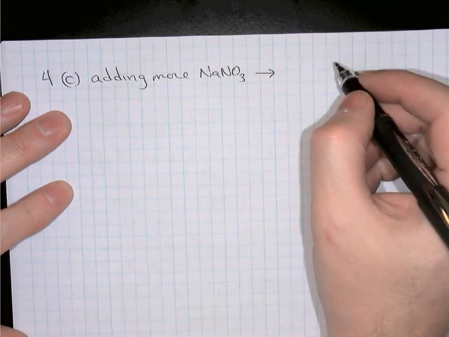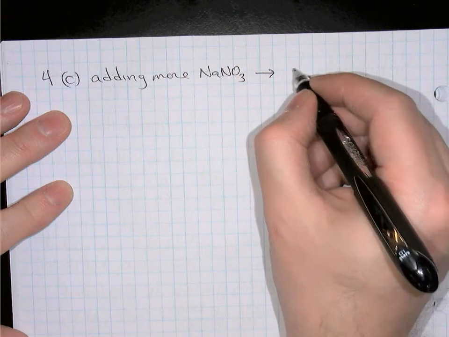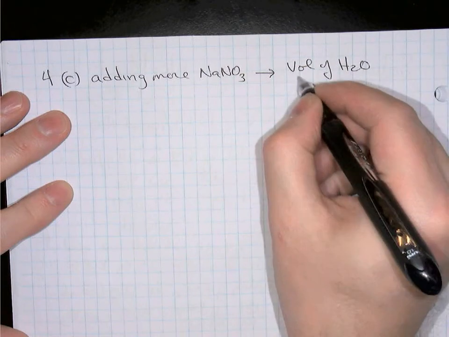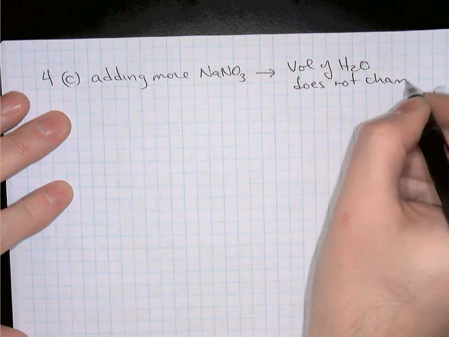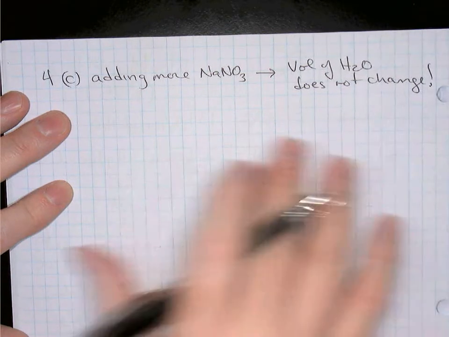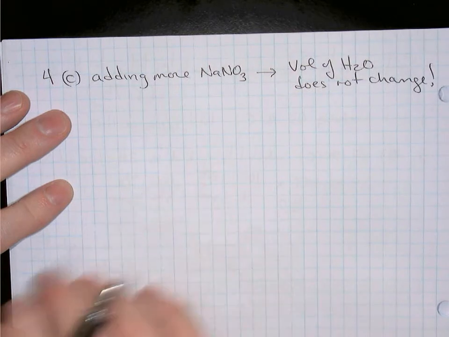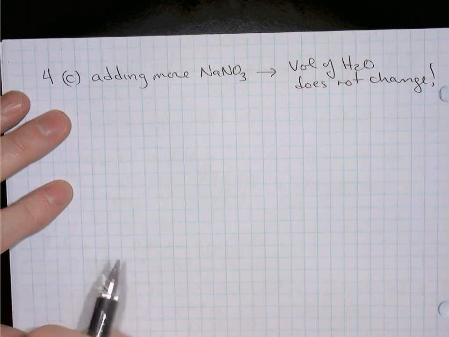What does not change in my solution? Well, the answer is the amount of water, the volume of water. So the volume of water does not change. Now, I'm not saying that if you add more salt, the volume of the solution does not change. The solution's volume will definitely increase if you put more salt in.